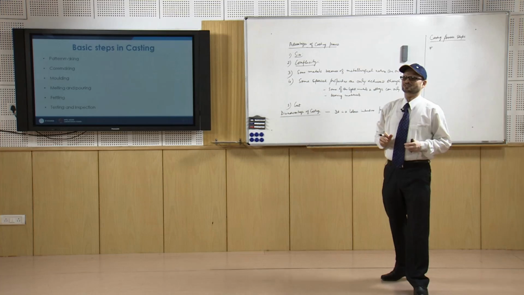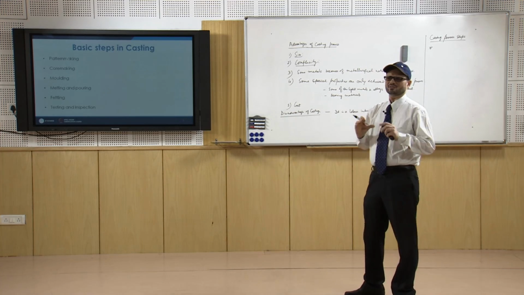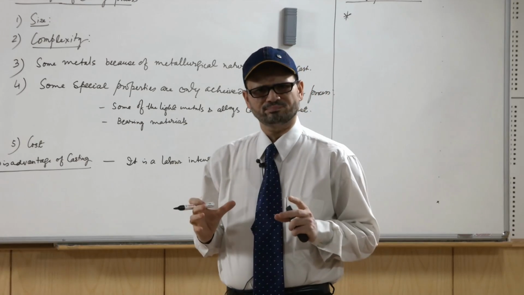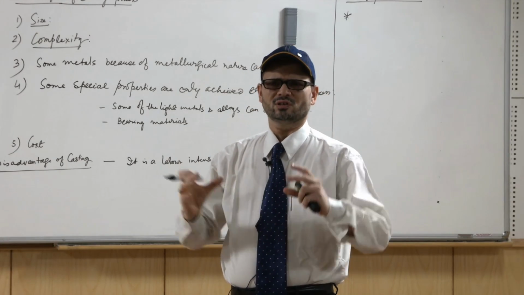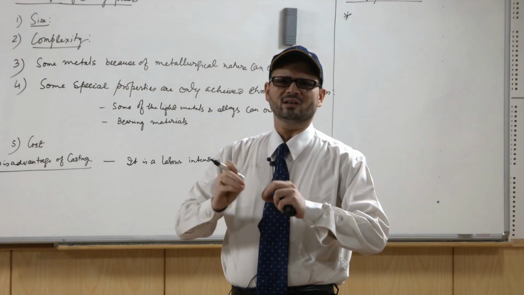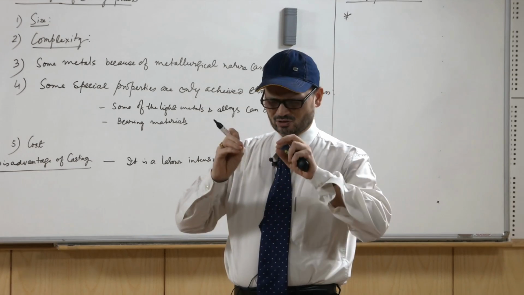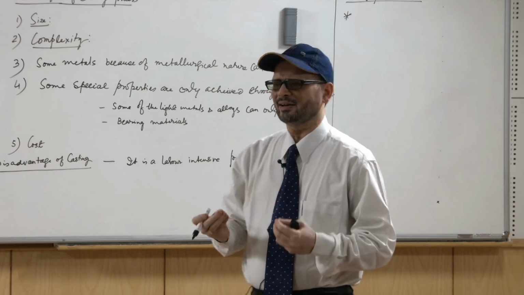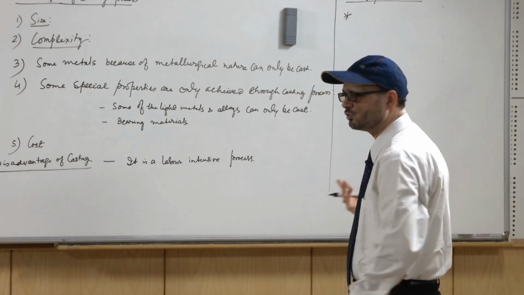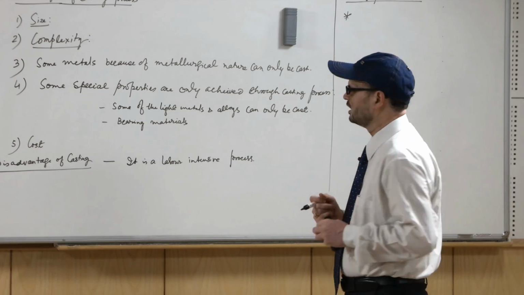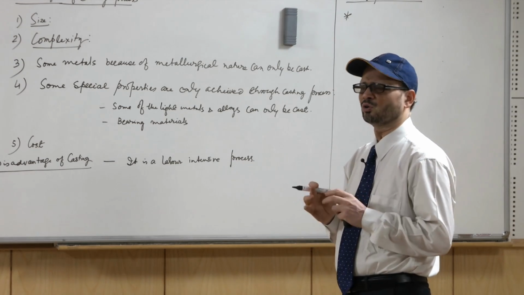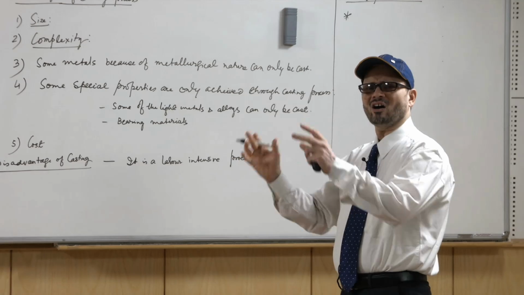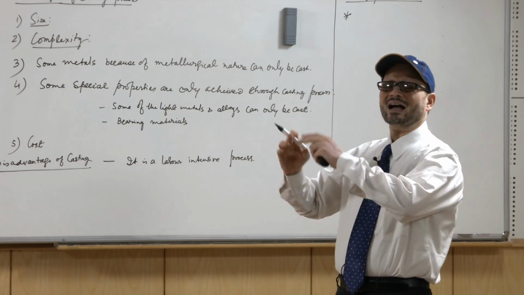As we discussed, in casting you have a mold. In the mold you are pouring the liquid metal, which after getting solidified has to be removed, and that is your cast product. Now, for this mold you need the replica of the cast component.